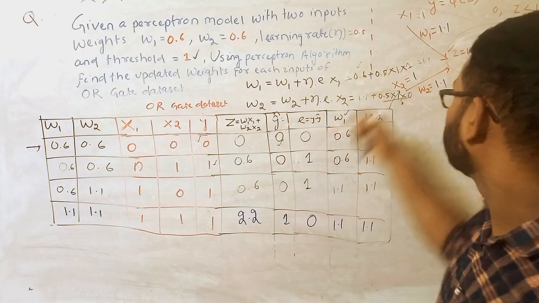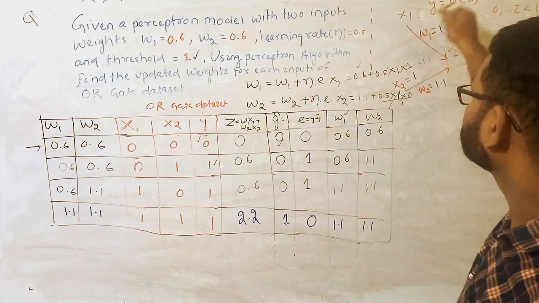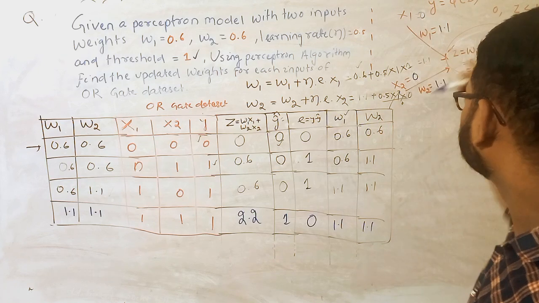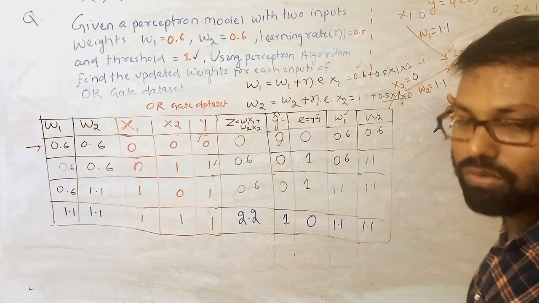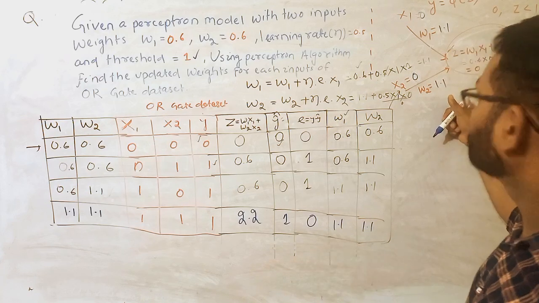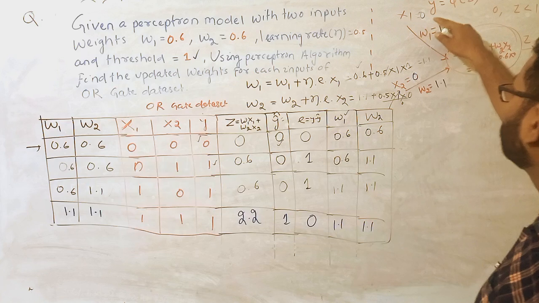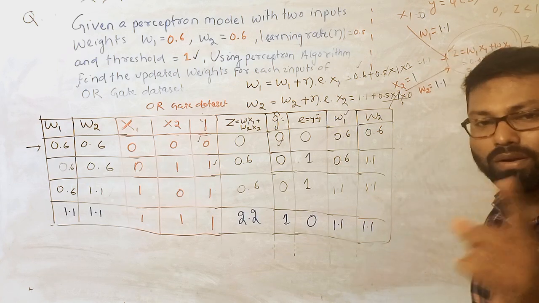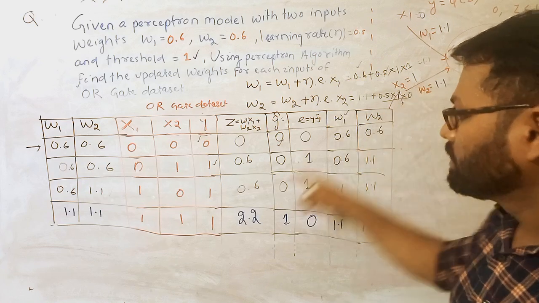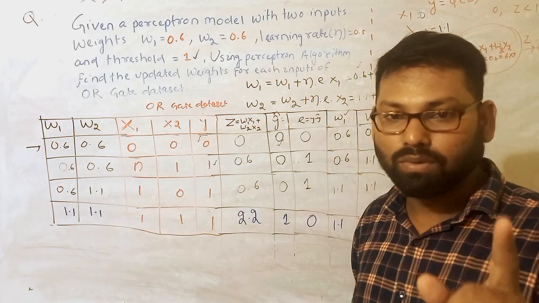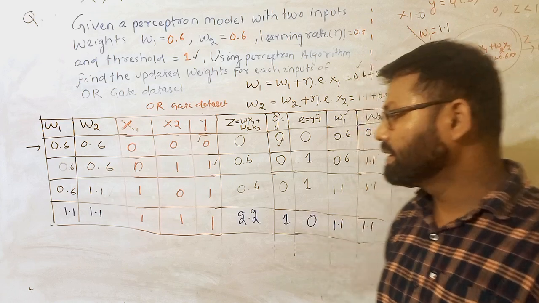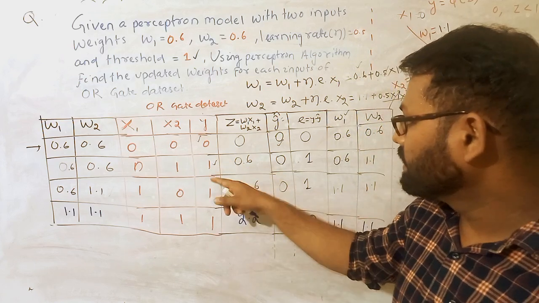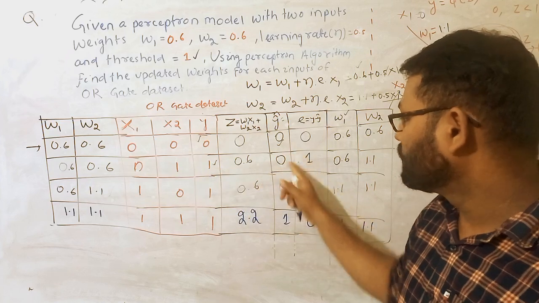So you try that here: 1.1 into your first input 0, second input also 0. Both are 0, z value is going to be 0, output also going to be 0. First line perfect. In the second line, input is 0, 1. So what happened, in one term, input 1, weight value is 1.1. After summation, you will get value 1.1. That is greater than 1. That means for the next round, predicted output is going to be 1.